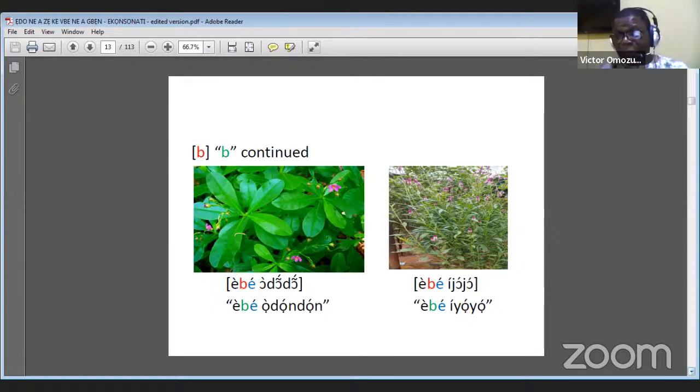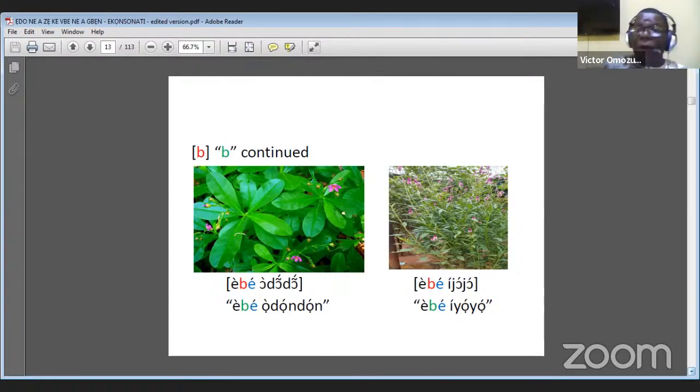The phenomenon of vowel elision is very common in the Edo language. We address that in a different lecture. But I use these examples to tell you that in rapid speech, certain segments can be elided.